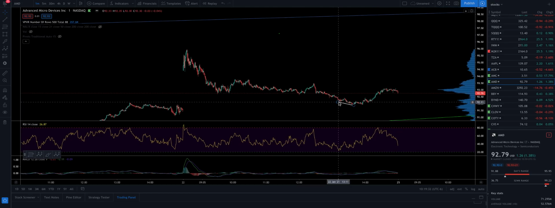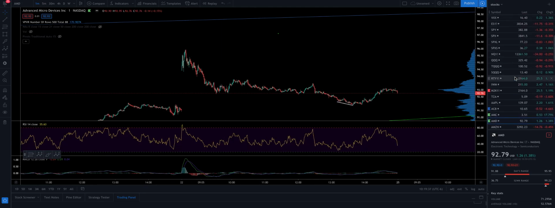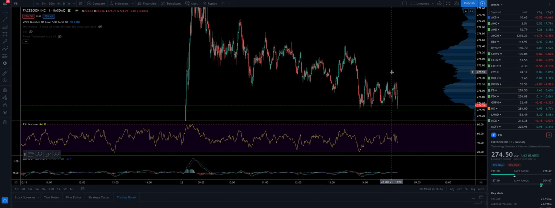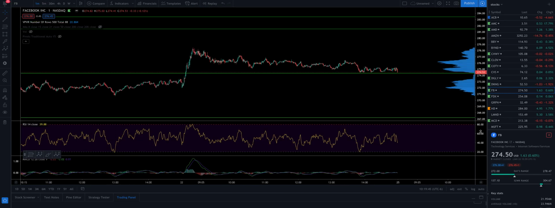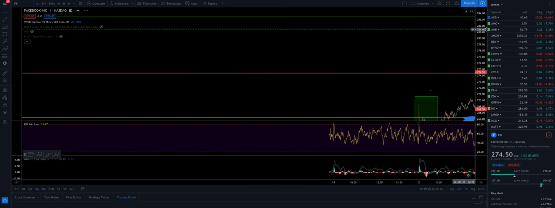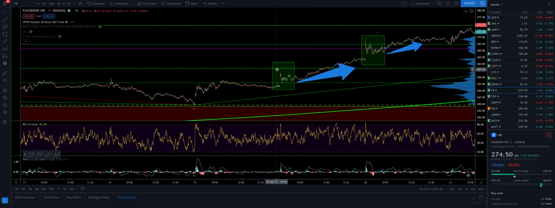one major divergence here. What I was thinking is, if we were looking at Facebook, for example, the 1-minute chart, sorry, I have a lot on here. If we look at this from the other day, we repeated the same pattern twice. So we gapped up, came back down, almost closed the gap, came back up again, made a double bottom, bounced.